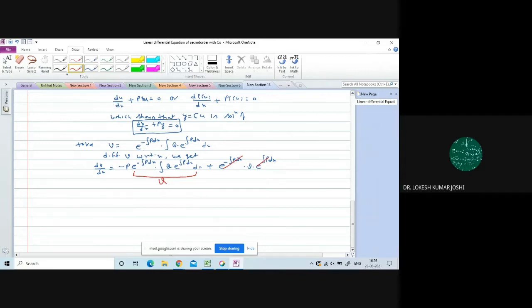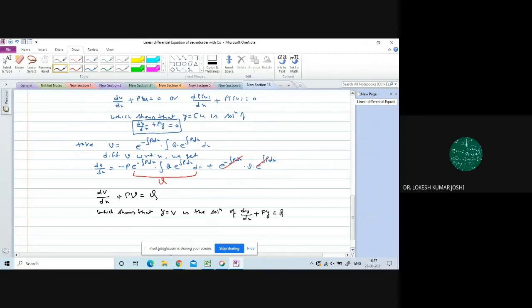What we get is dv/dx plus pv equals q, which shows that y equals v is a solution of dy/dx plus py equals q.